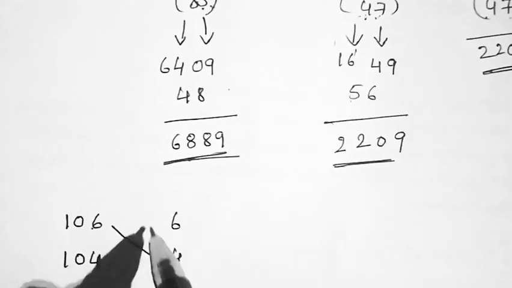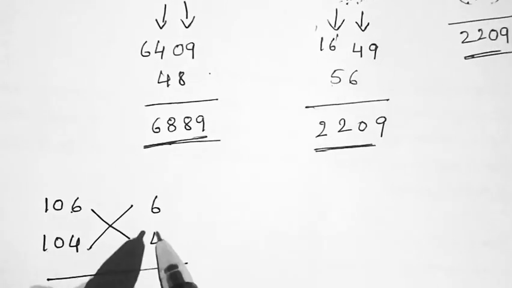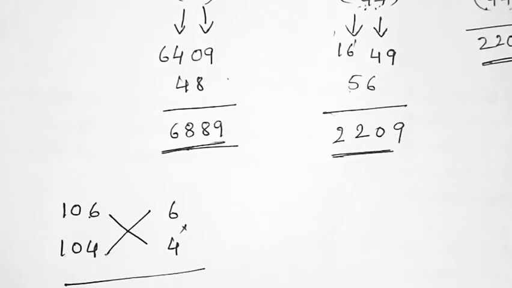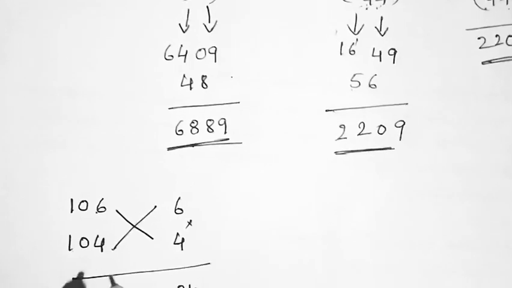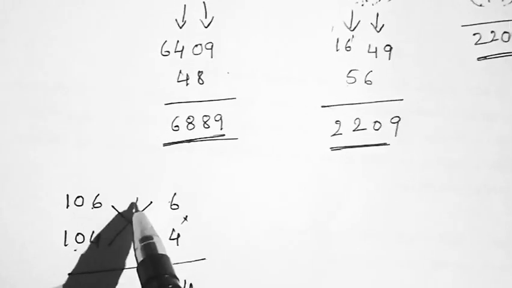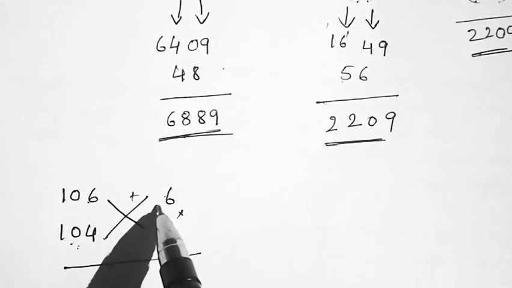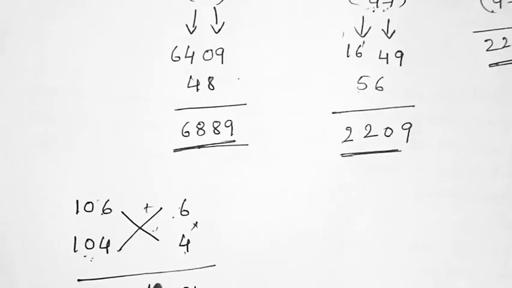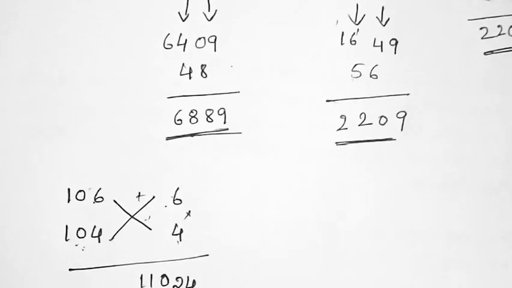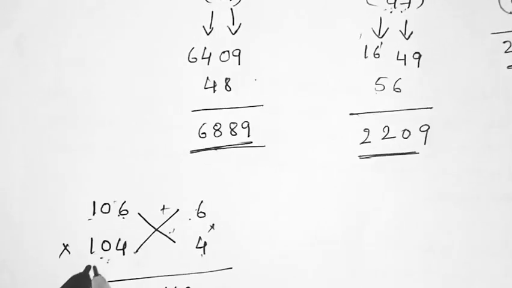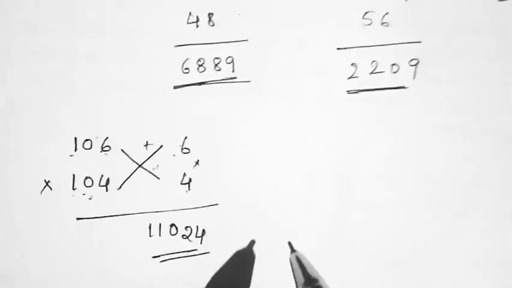Now we have to multiply these two. 6 fours are 24, and if you add up these two, it is 110. If you add up these two also, it is the same 110. We'll write 110 and 24. So this is the answer for multiplying 106 into 104.